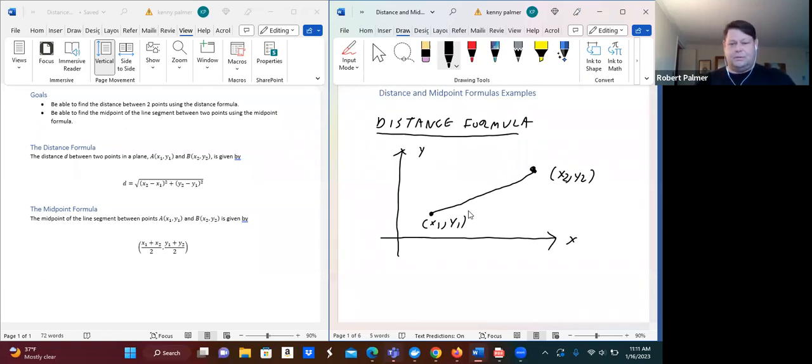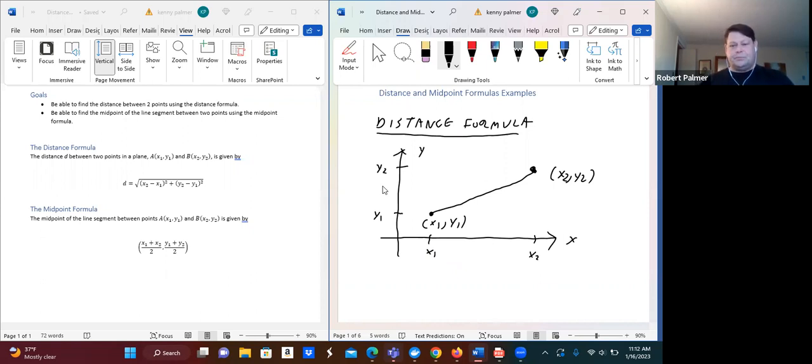What the distance formula does is basically think about this right here. Let's think about this point here on the x-axis is x1, and here this is x2. And in terms of y's, on the y-axis, this is where y1 is, and above on the y-axis is where y2 is.